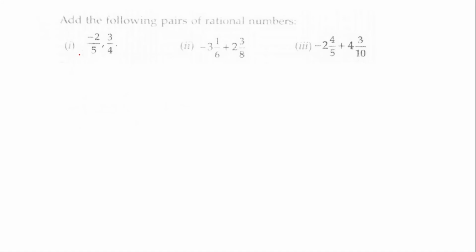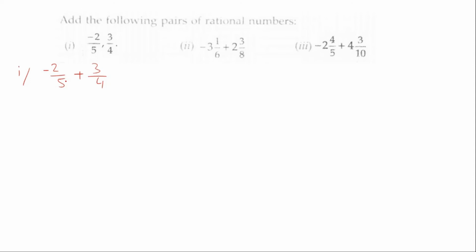The next question that we will solve is to add the following rational numbers. So first we will add minus 2 by 5 plus 3 by 4. So what we will do? First we will find the LCM of the denominators. So the LCM is 20.